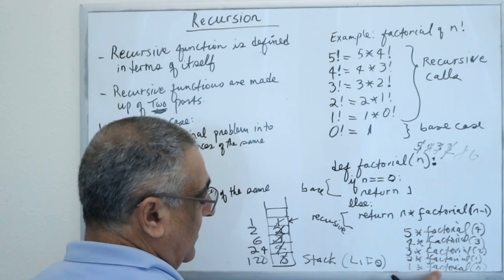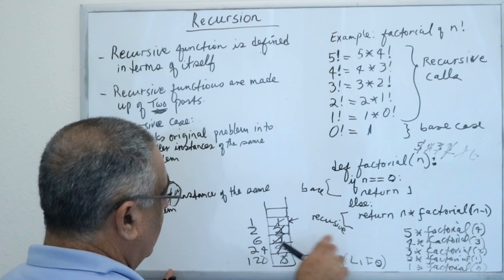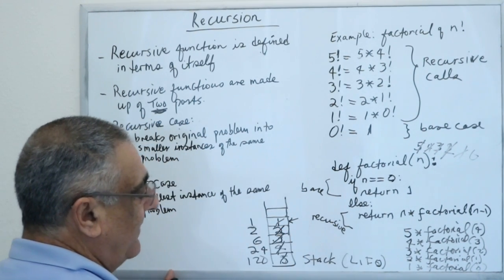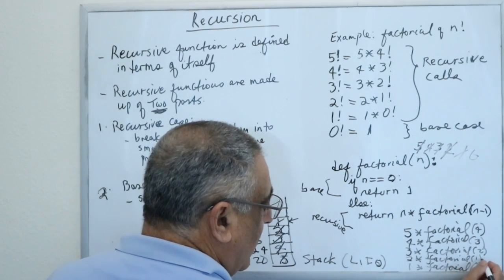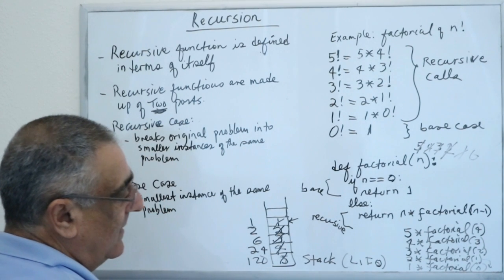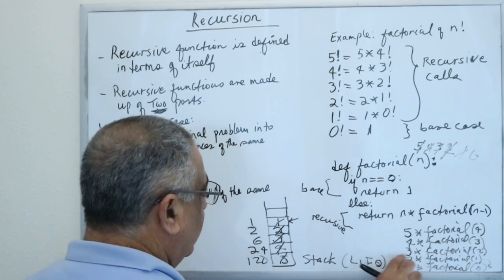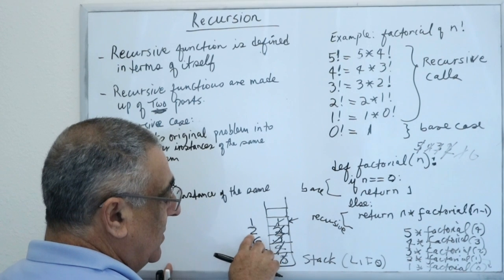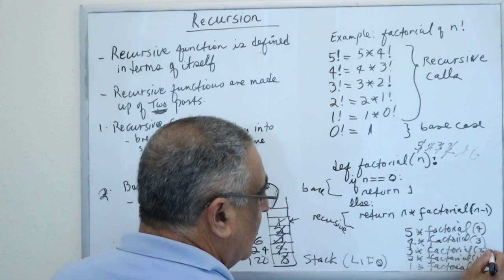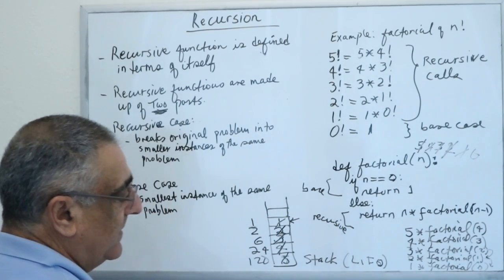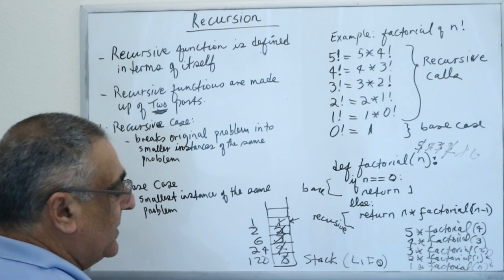See, it's going to return 1, multiplied by 1, that value was on the stack. This call generated this statement here, which returns a 1. So it's going to take 1 times the top of the stack, which is 2. Now, this call generated this statement, which returns a 2.